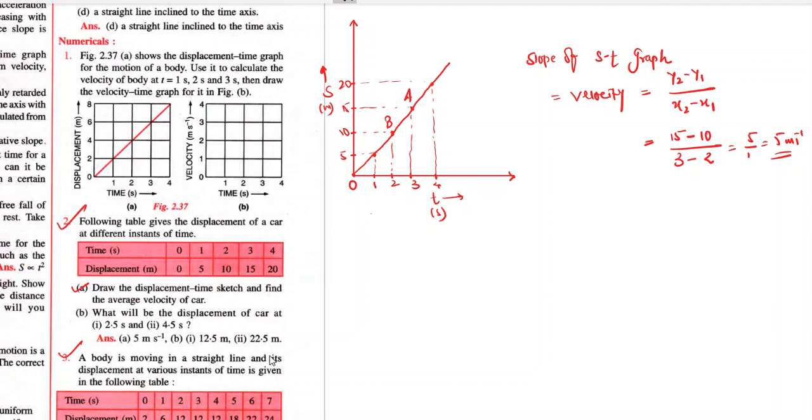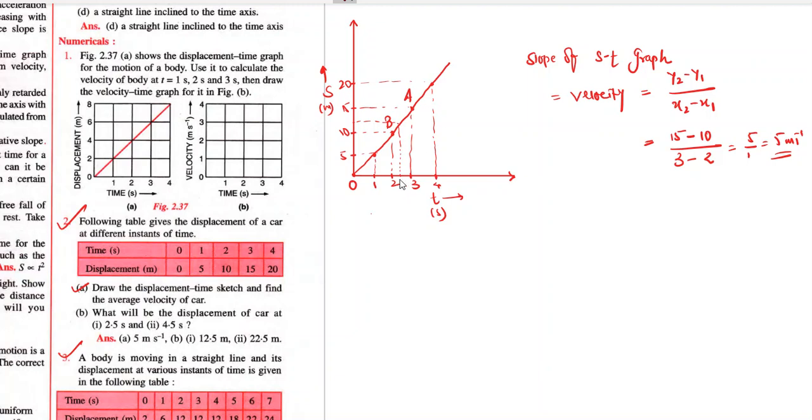What will be the displacement of the car at 2.5 seconds? See, 2.5 lies over here. So at 2.5 seconds, the displacement of the car will be between 10 and 15. Exactly between 10 and 15, that is 12.5 meter. Right?